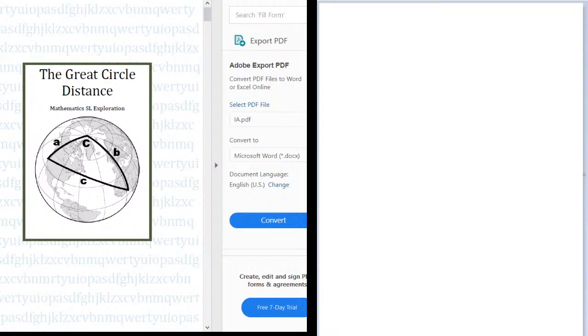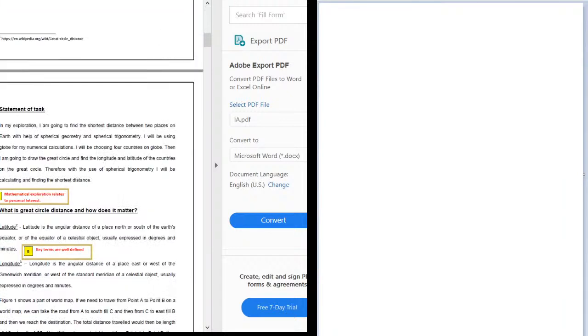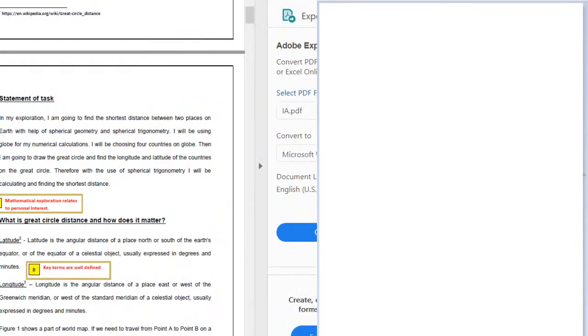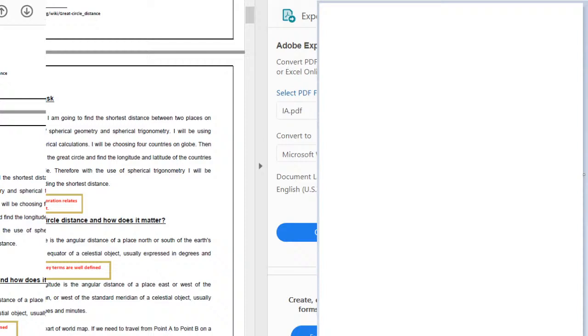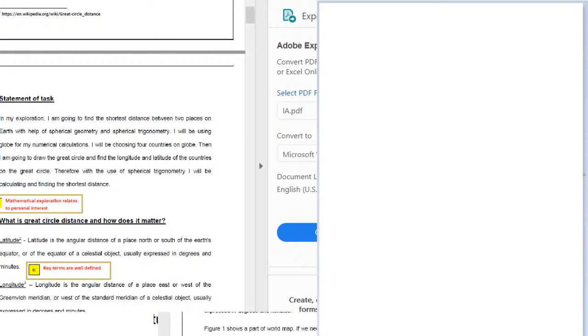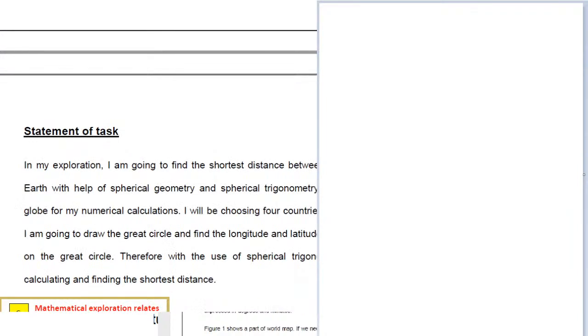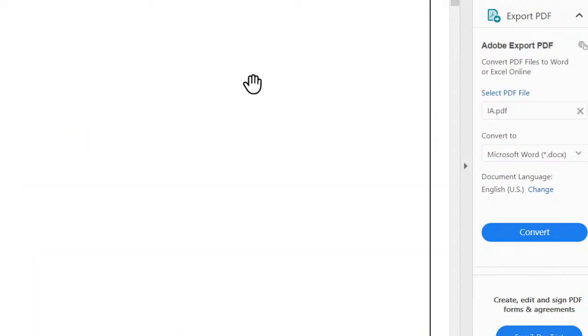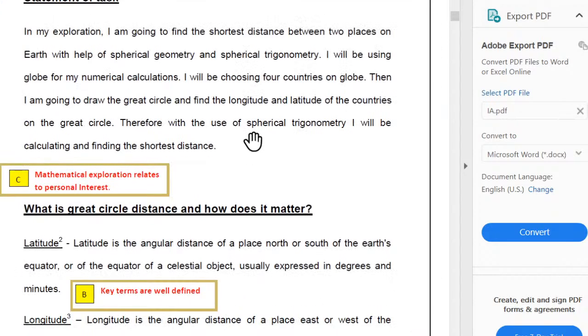Okay. The great circle distance. Statement of task.